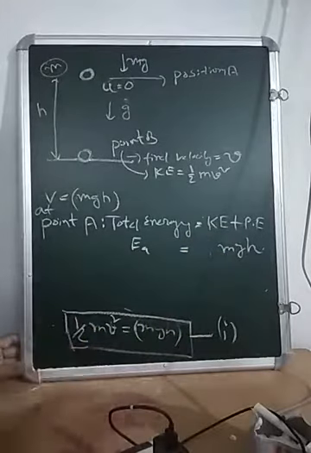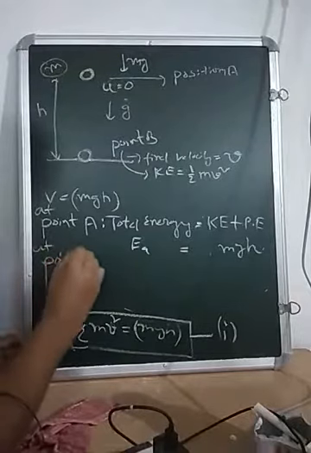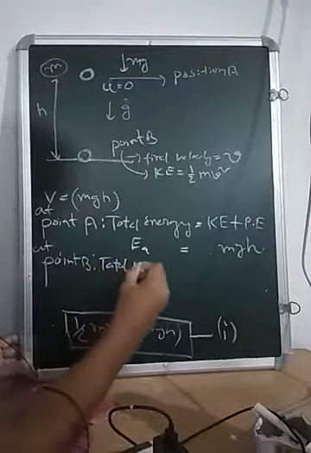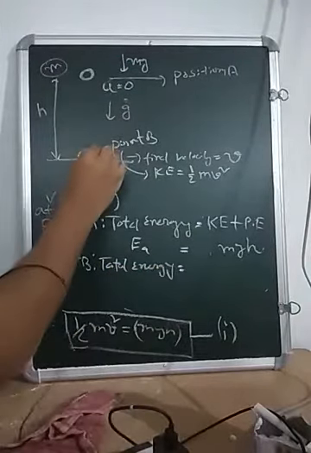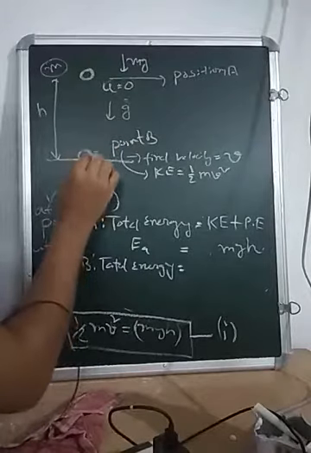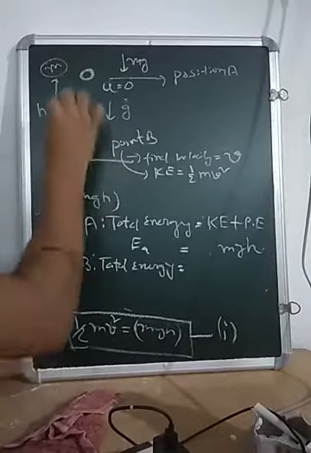Now at point B, total energy is how much? At point B, what is the height of the object from the ground? It is 0.